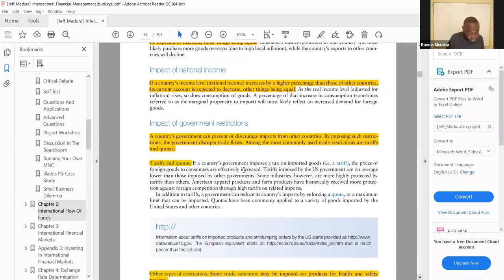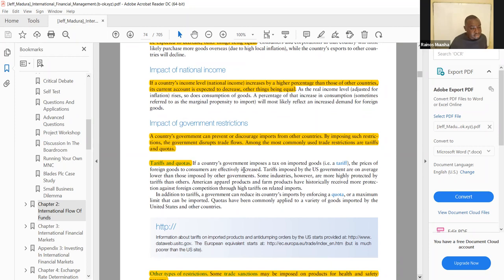Then on the next paragraph, they say, in addition to tariffs, government can reduce its country's imports by enforcing a quota, or a maximum limit that can be imported. So another way they can restrict imports of goods and services from abroad is through quotas.